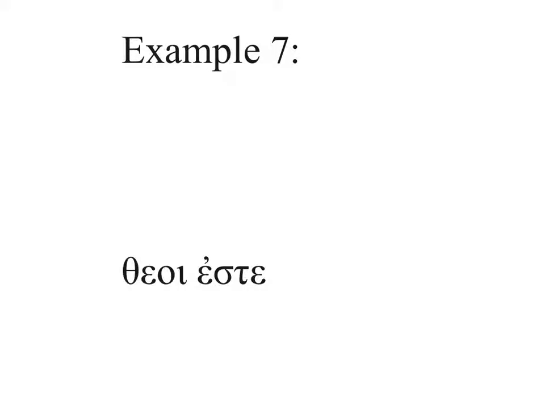Example 7. Teoi este. So if we take a moment to think about the normal accentuation of teoi, it's from what word? Teos, teu, ha, he. It's common gender. So normally teos and teu, we see that the accent wants to be on the ultima. But we don't yet know if it's going to be an acute or circumflex. Let's take a moment to think.